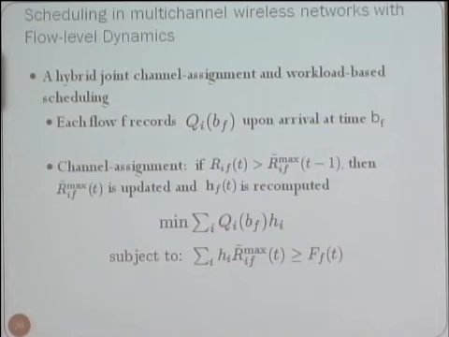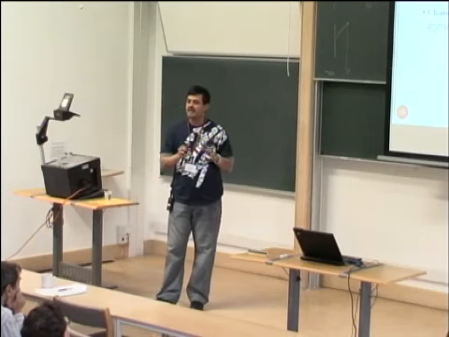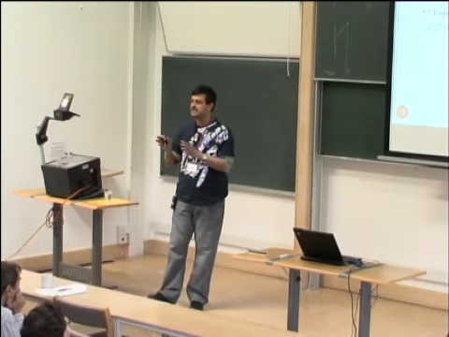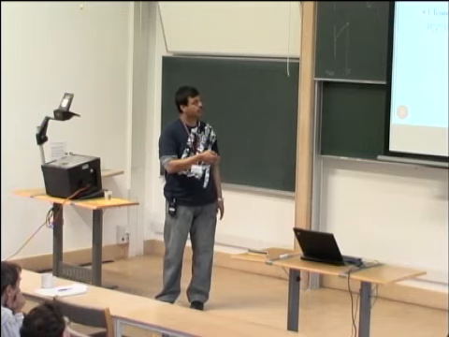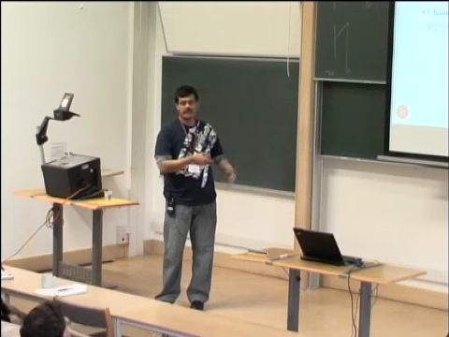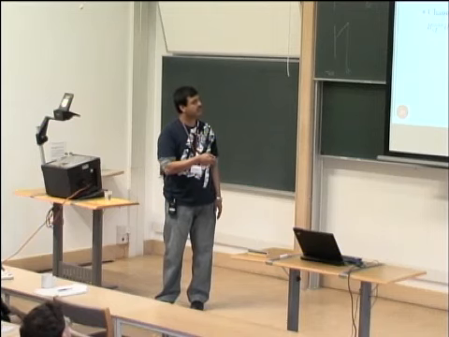The algorithm is that each flow, when it arrives, records the backlog or the workload in each channel. So Q_i^f is the workload in channel i when flow f arrives. B_f is the begin time of a flow. So when a flow arrives, you record the queue length.